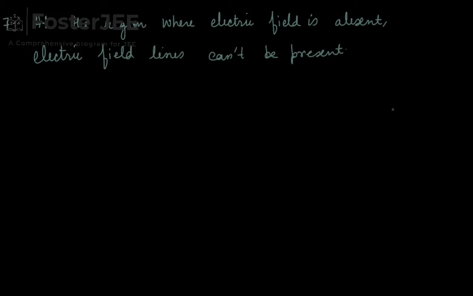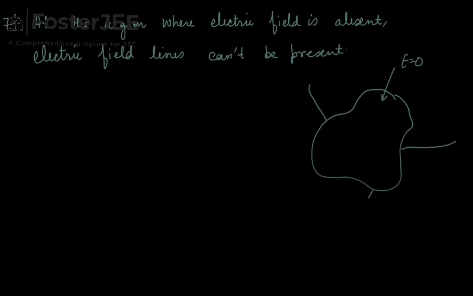That is, if in any space like this we are given that the net electric field is 0 inside it, we can't have any electric field line present in this region. Electric field lines will be present outside this region, but they can't be present inside.